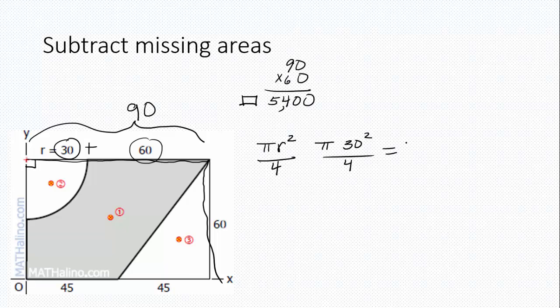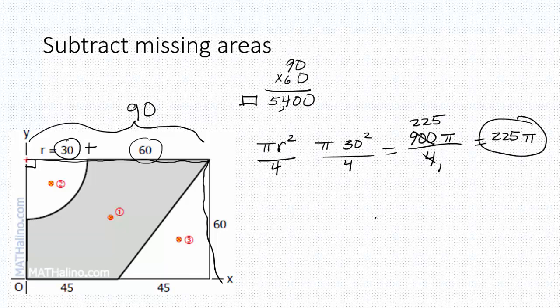Okay, it's pretty easy to square 30. That's just 900, but don't forget the 2 zeros when you square that, over 4. And 4 goes into anything that 100 goes into, so we do need to reduce. Turns out that it goes into that 225 times. Okay, and there's the area that we need to take away for that little circular segment.